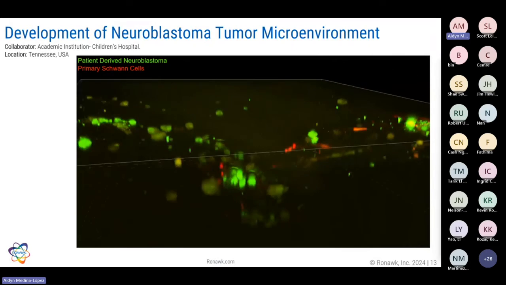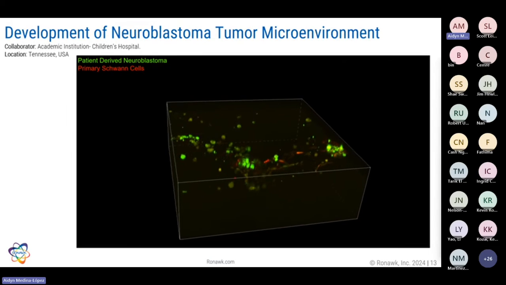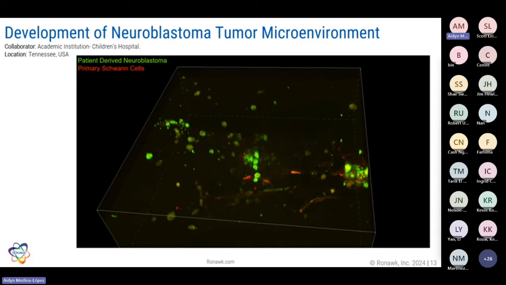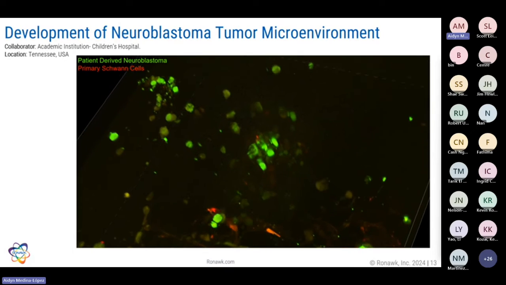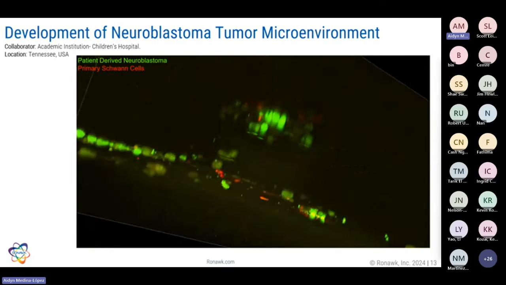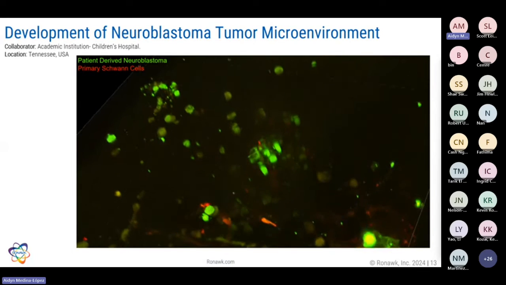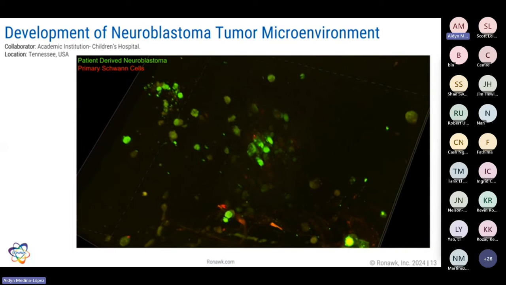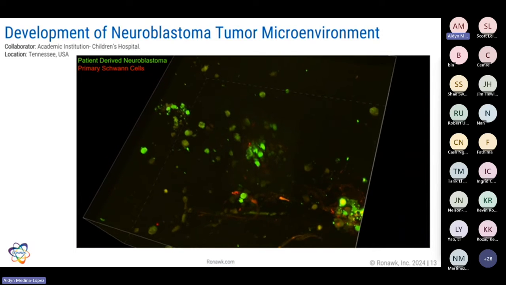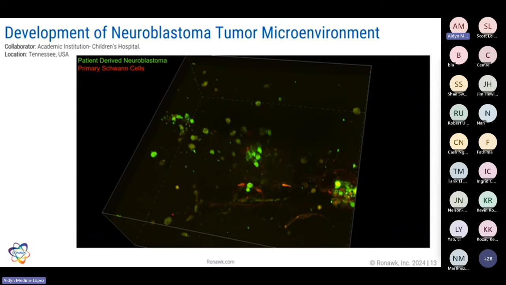This collaborator here seeded both patient-derived neuroblastomas and primary Schwann cells in the BioBlock and cultured them for 4 weeks. The culture of the cells for 4 weeks, as you can see here, allows the cells to start communicating with each other, but most importantly, interacting with each other.